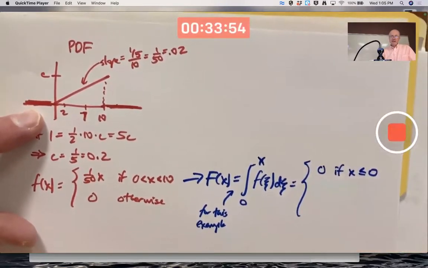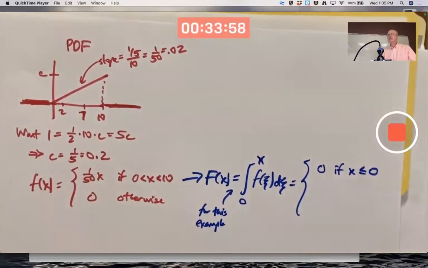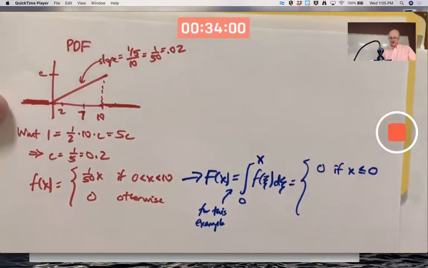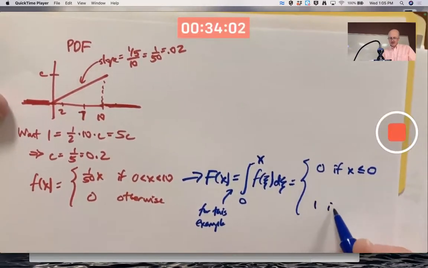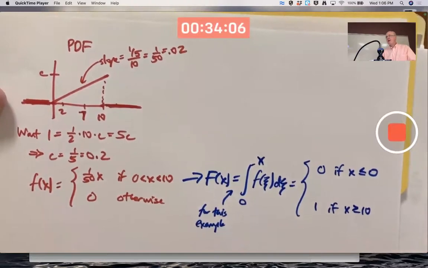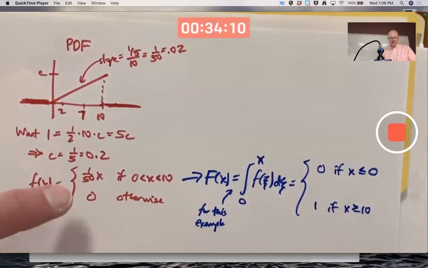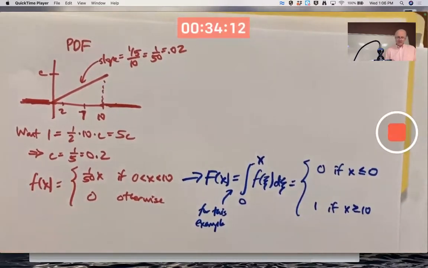When x is bigger than 10, I've integrated the entire PDF where the PDF is positive. Area is 1. It's only when x is between 0 and 10 that it's a bit more interesting. That's where I'm integrating effectively 1/50th squiggle, d squiggle.